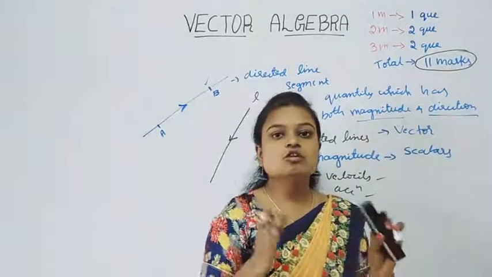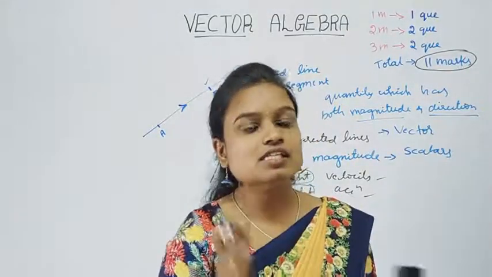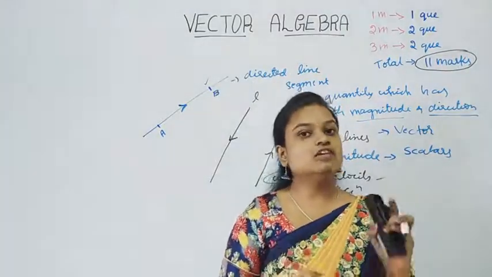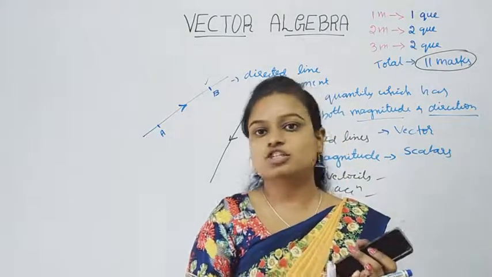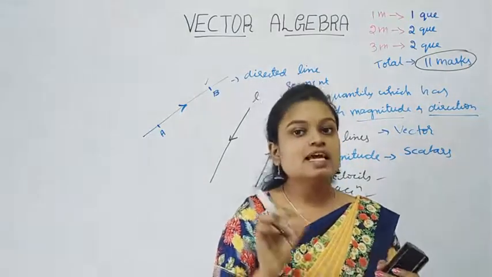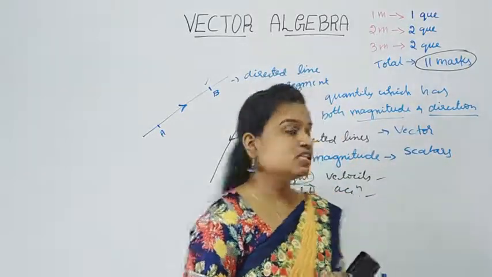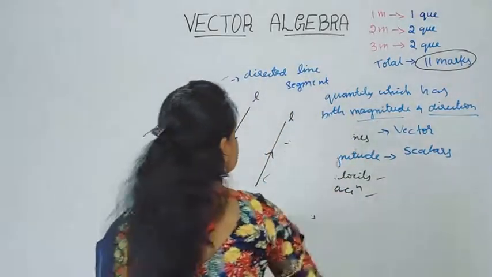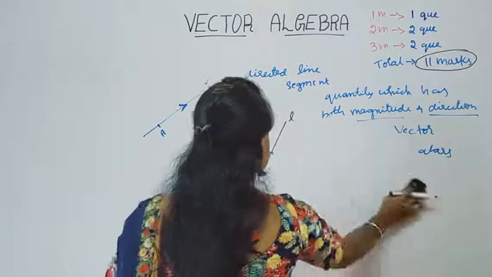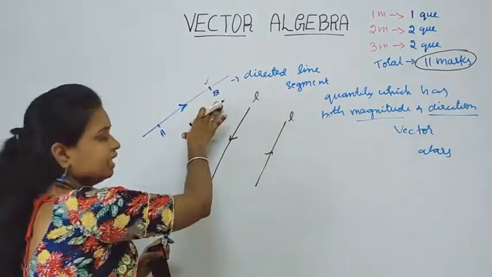So the difference between vectors and scalars is a quantity which has both magnitude and direction is known as what? Vectors. A quantity which has only magnitude is known as scalars. Understand? So the next, so observe that this line has AB, right?